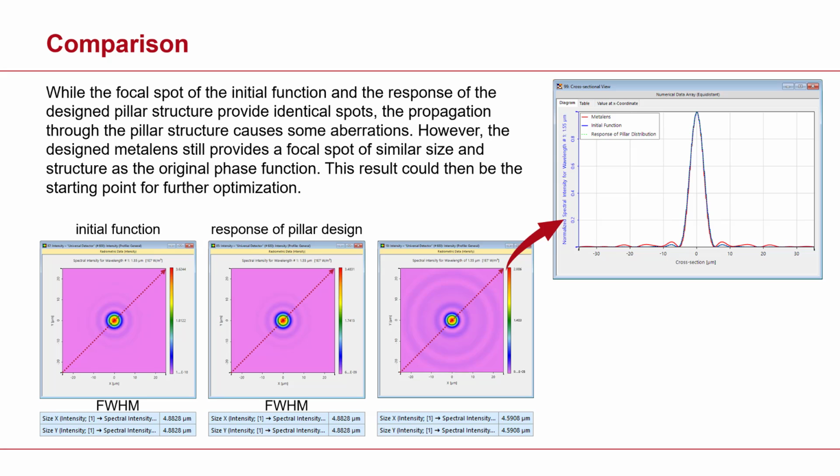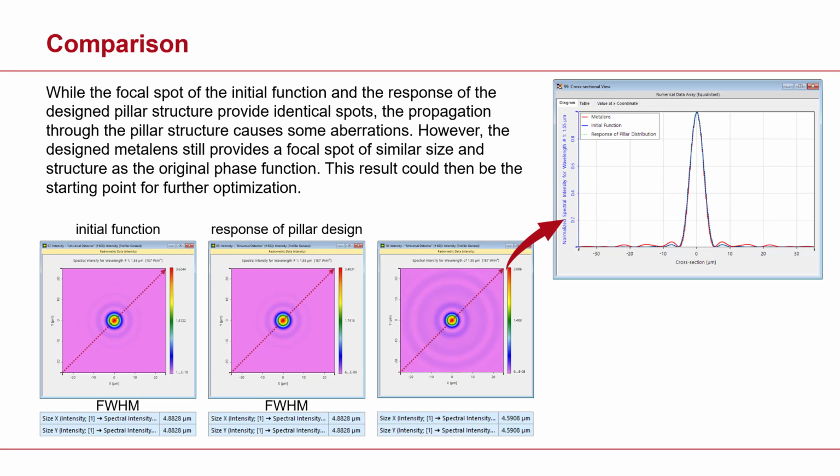And we can compare all three results, from the ideal result of the functional design step that is on the left there, a perfect Airy disk. Then in the middle, the response of a pillar design. We see it is pretty much identical to the ideal situation. So those concentric rings that come from the fact that we don't cover the whole 2π range really don't have much of an effect.